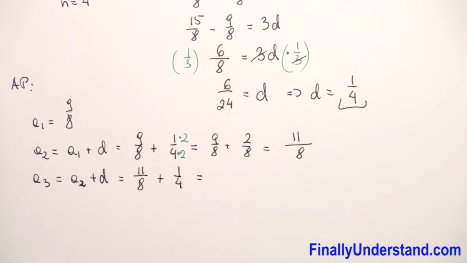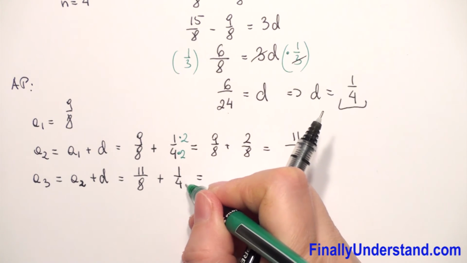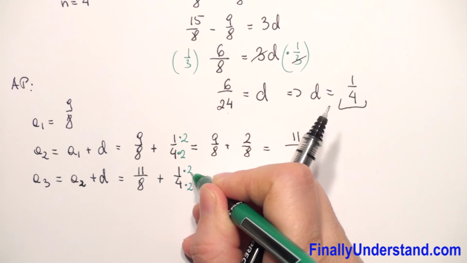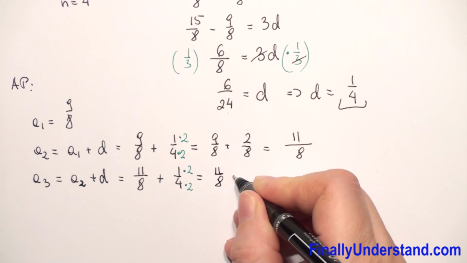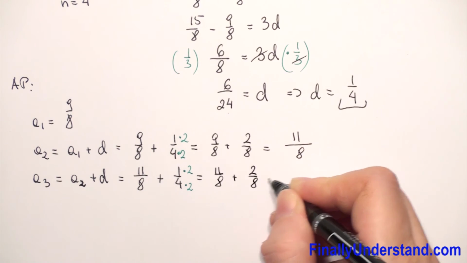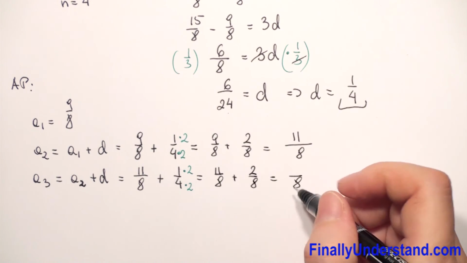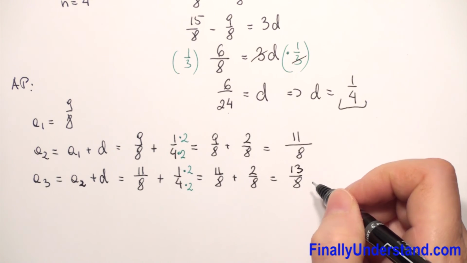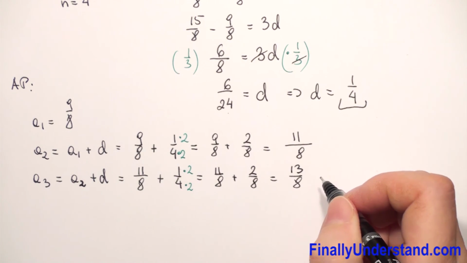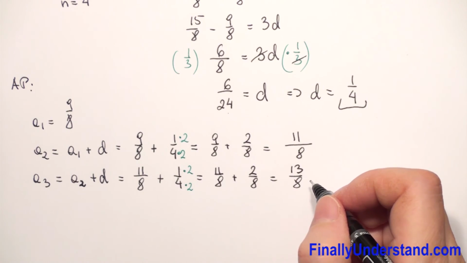Again, to have the same denominator, we multiply 4 by 2, and the same with the numerator. So we have 11 over 8 plus 2 over 8. In the numerator 11 plus 2 is 13. So we have the third term of our arithmetic progression, 13 over 8.